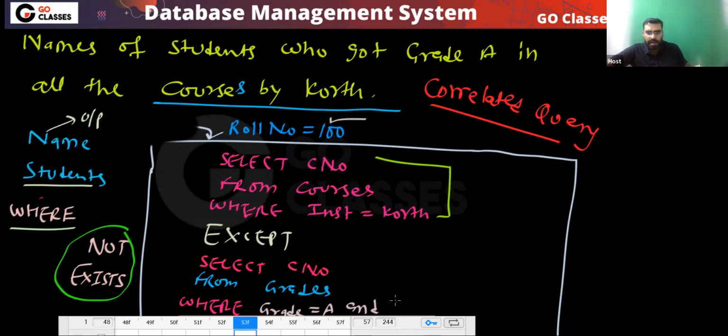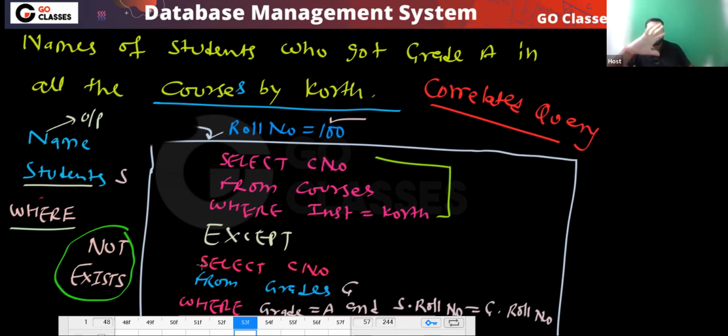This is G, this is S. So I can say S dot roll number should be equal to G dot roll number. Correct? That's it.